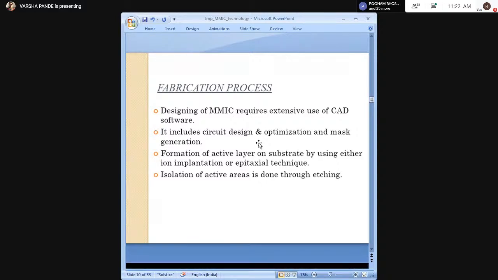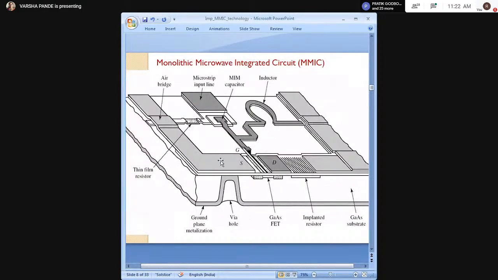And again, if you want to fabricate such a device, this is a layer by layer structure, and for every layer we require photolithography. Means what? In this area only you want to insert a circuit for the microstrip input line.